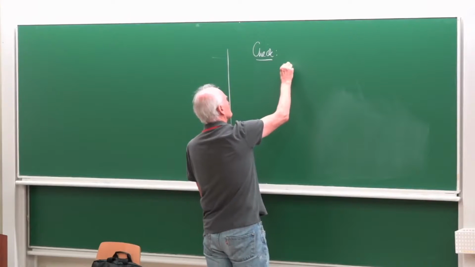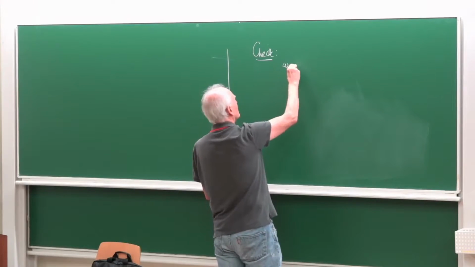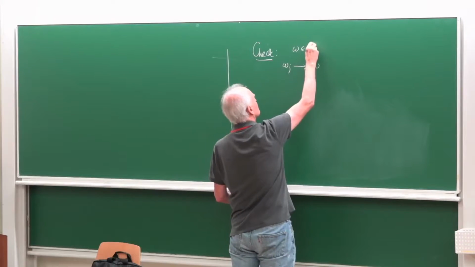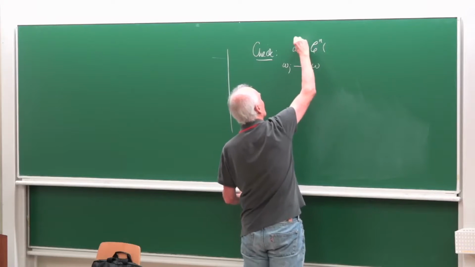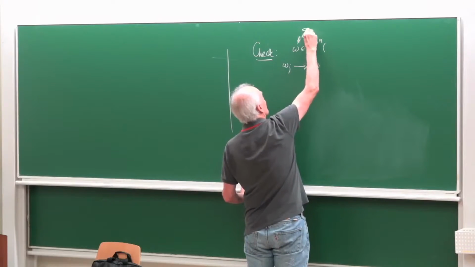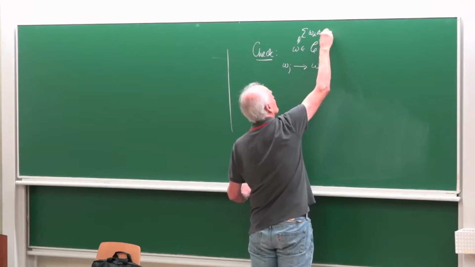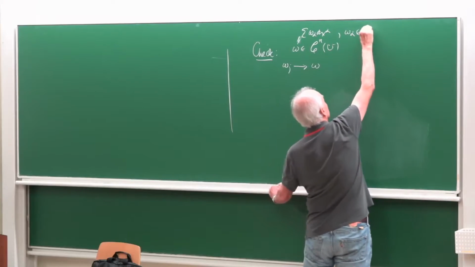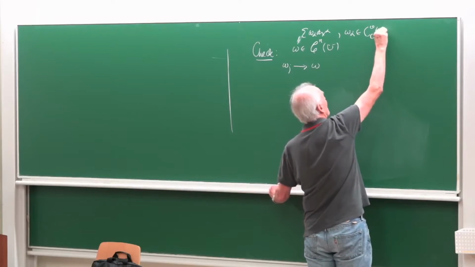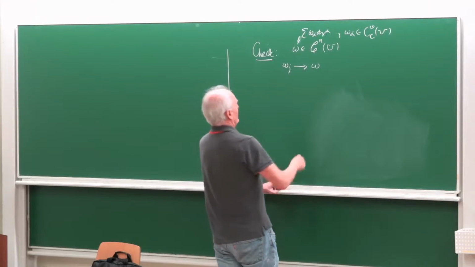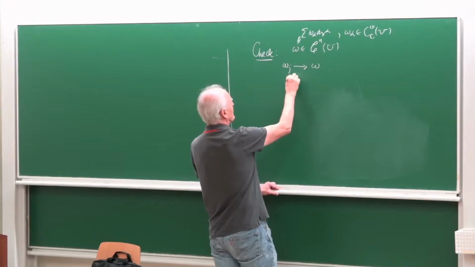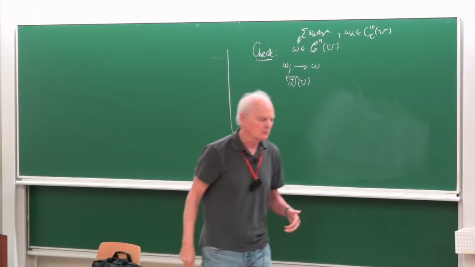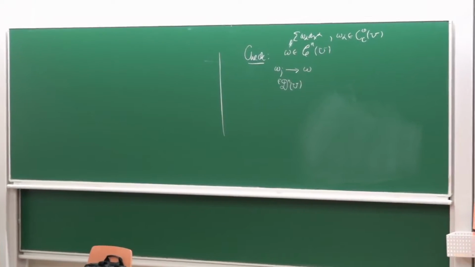Well, take a sequence omega_j converging to omega in C^n. So omega is now just a continuous form, some omega alpha dx alpha, and this is in C^n_c(U). In other words, each omega alpha is just continuous with compact support. And suppose that you've got a sequence omega_j in D^n converging to omega, which of course you can always do. In fact, we'll talk a bit more about smoothing later, so there's no problem about that.